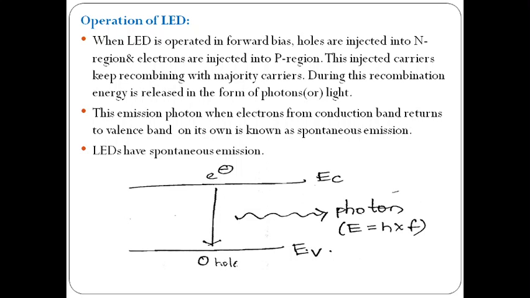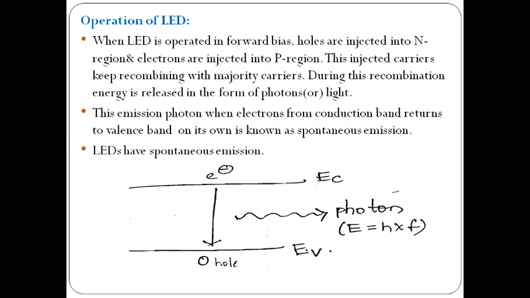That energy, we know, equals h into f, or h into c by lambda, where lambda is the wavelength. That wavelength indicates the type of color, either red, orange, or green light. This emission of a photon when an electron from the conduction band returns to the valence band on its own is known as spontaneous emission.